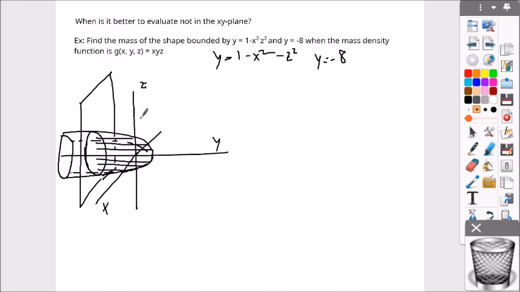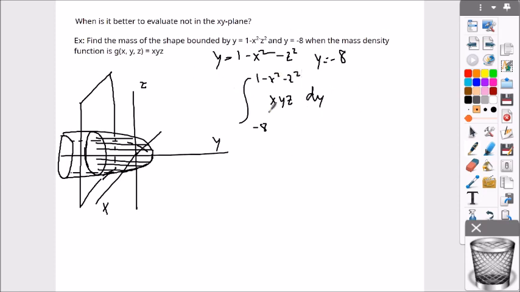The lower bound is the plane, and the higher bound is this paraboloid. So the dy integral of xyz will go from negative 8 to 1 minus x squared minus z squared.